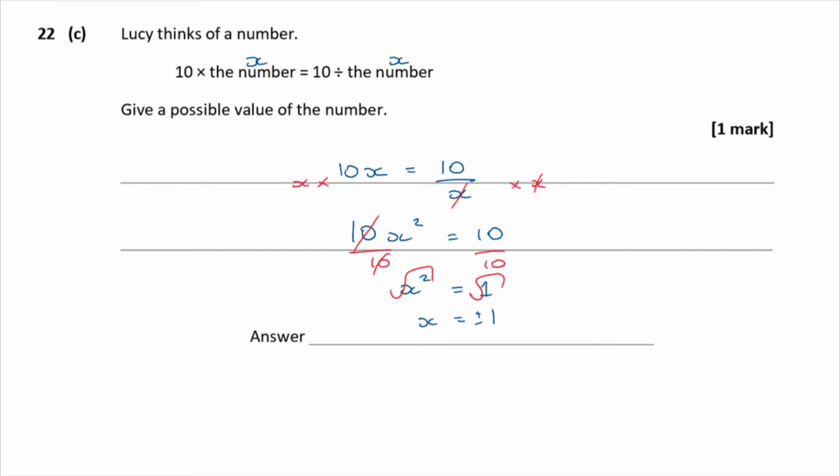You could actually have plus or minus 1, but it only asks me for a possible value, x equals 1. Okay, that would do, or x is minus 1, actually, that would also work. It doesn't really matter which one it is, and it only asks for 1. If for some strange reason you're not a fan of the algebra, you could do this one just by trial and improvement, just by picking some values and putting them in there until you got the right one.